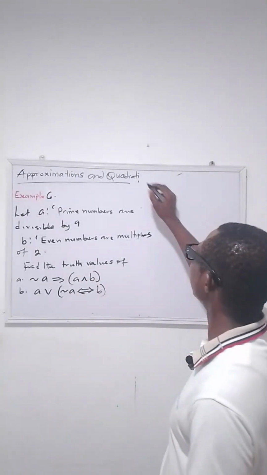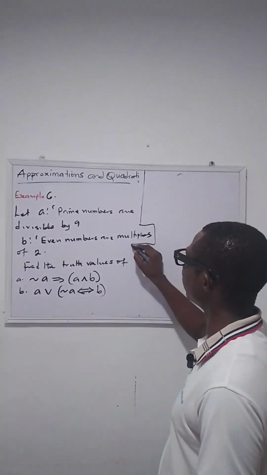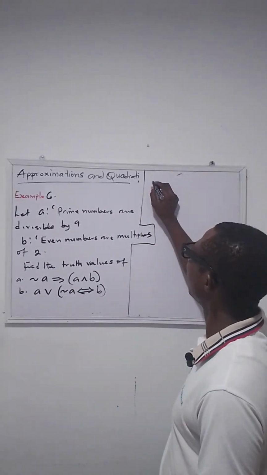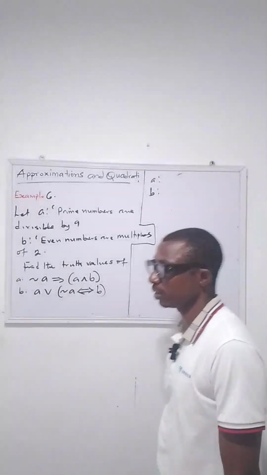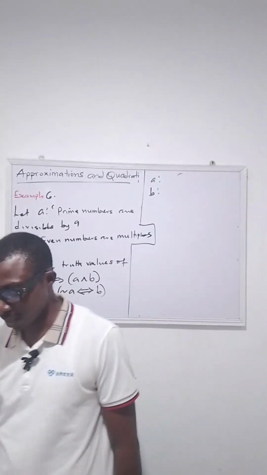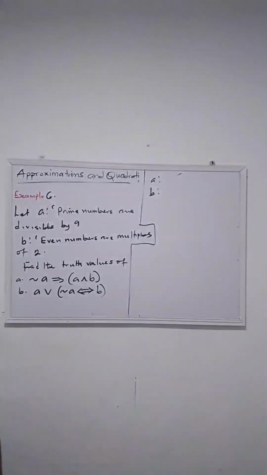Now, before we do that, the first thing is to get the truth value of A and B. So, what is the validity of statement A and statement B? Is it true or false? Is statement A valid? What of B?